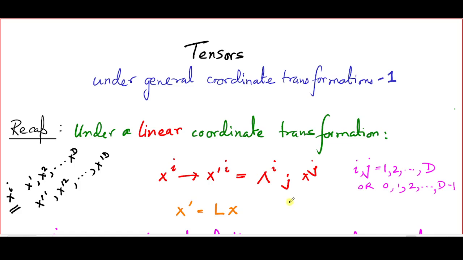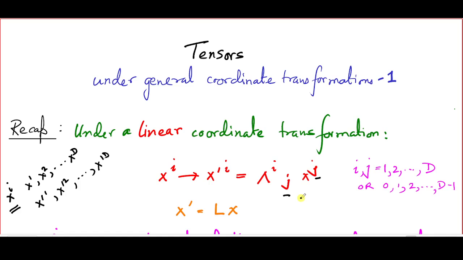Here we are using the Einstein summation convention, where the idea is that if the same index appears twice, once downstairs, that is as a subscript, and again upstairs as a superscript, then you will actually imply a sum over that particular index.